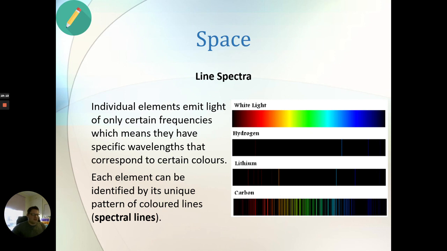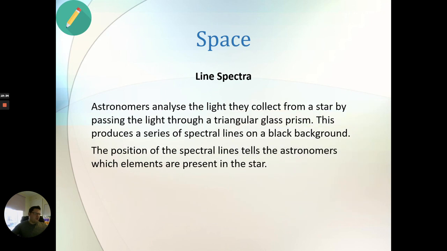And because of that, if we look out into space and we see those patterns of lines in a star, we can tell that star's got hydrogen in it. And if the lines are really thick, we know there's lots of hydrogen in it. Or if it's really thin, well, there's not much hydrogen in that star. So we can learn a lot about them by doing this.